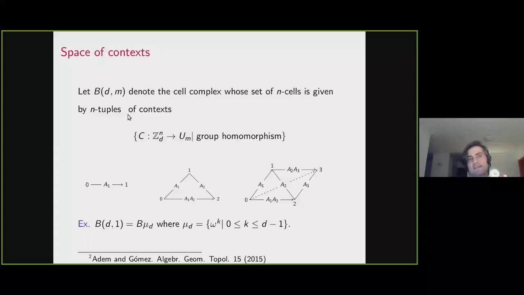So this space is also studied in algebraic topology. There is a version of this which omits this D-torsion part and only looks at the pairwise commuting unitary matrices. In this talk, I'm only going to consider the D-torsion part because it's more compatible with the linear constraint system that we are looking at.